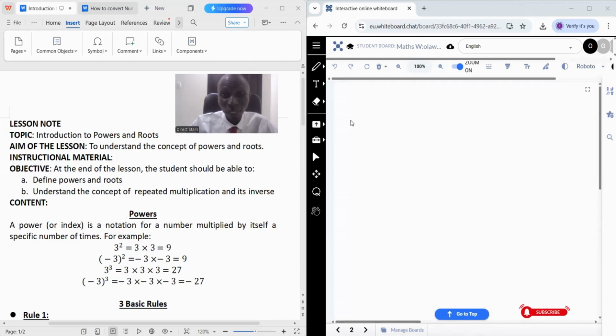So what is powers in mathematics? A power or an index is a notation for a number multiplied by itself a specific number of times.